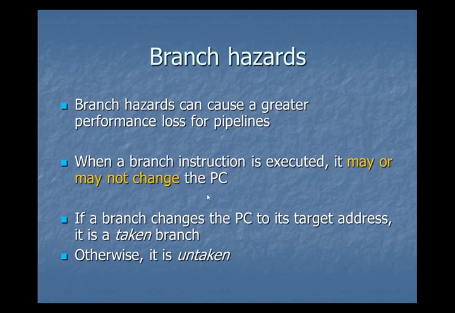If the branch instruction changes the address of the next instruction, that is the program counter, it is known as a taken branch, otherwise it is known as an untaken branch. So there are 2 types of branches: taken is used for PC changes and untaken is used for not changing the PC's value.